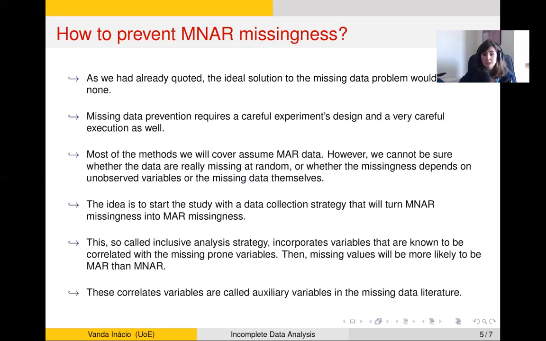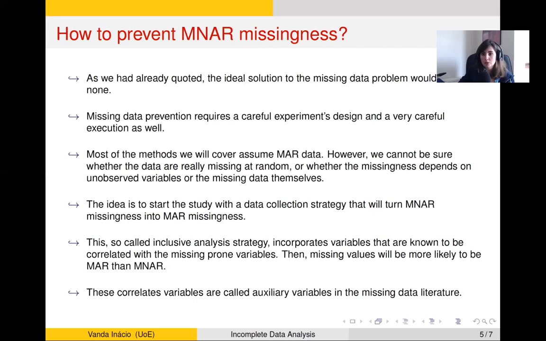And basically what we try to do is to include variables that are known to be correlated with the missingness-prone variables. If we include such variables, we are more likely to satisfy the missing at random assumption, right?